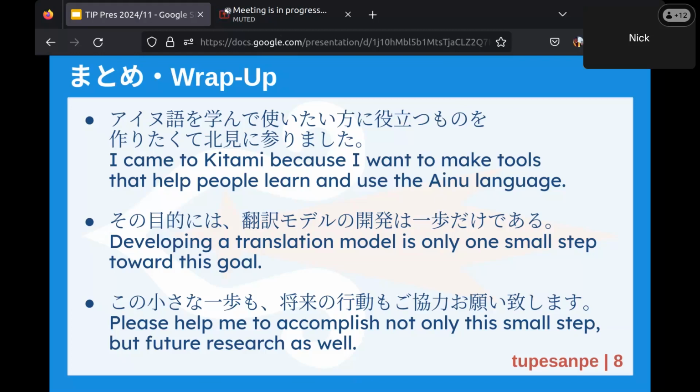Okay, can you turn off the mic? Okay, yeah, so in the current corpus, the corpus is made up of mostly fairly old writing, decades old, maybe a century old in some cases. There is no new Ainu in the corpus.